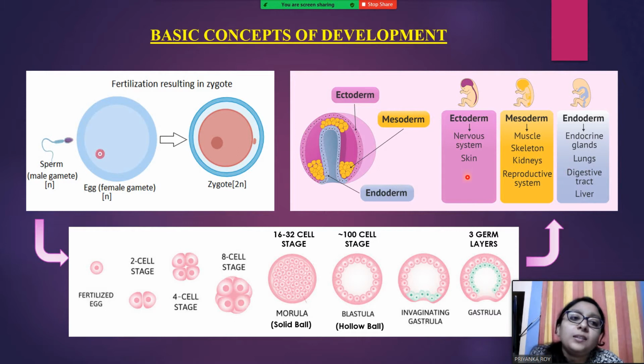So as you can see that these 3 germ layers are responsible for giving rise to different organs and tissues of our body. So that is why I will just give a brief introduction of these terms, and later when we will do gametogenesis, fertilization, we can talk about it in details.